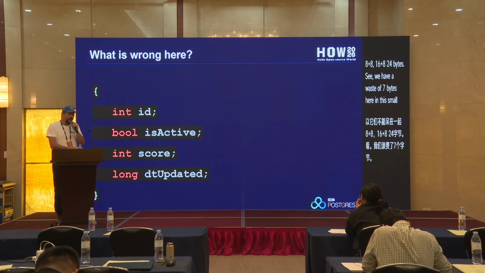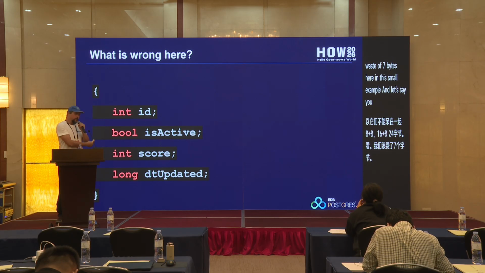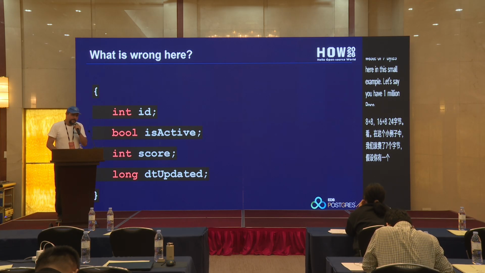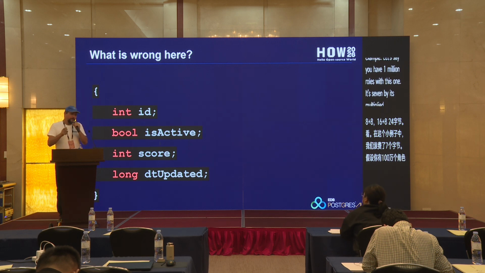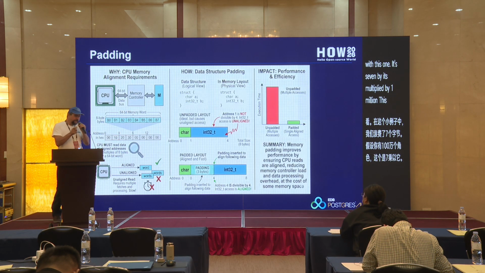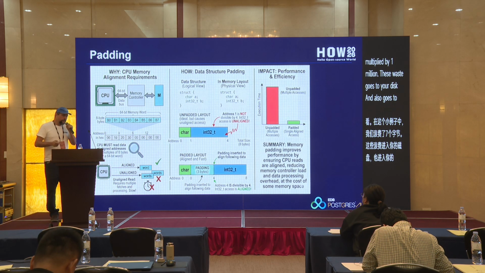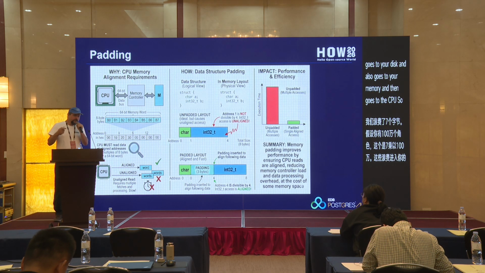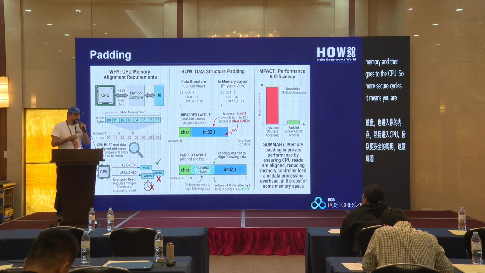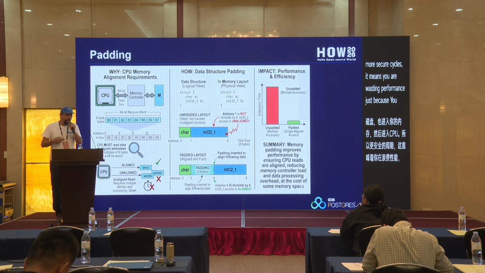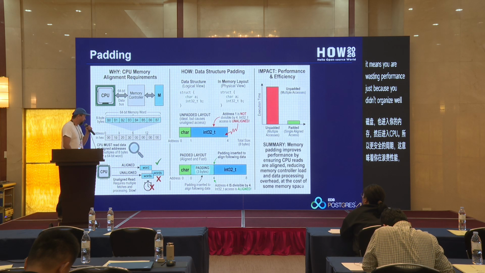And let's say you have 1,000,000 rows with this one. It's 7 bytes multiplied by 1,000,000. This waste goes to your disk, and also goes to your memory, and then goes to the CPU. So more CPU cycles. It means you're wasting performance just because you didn't organize your data structure well.